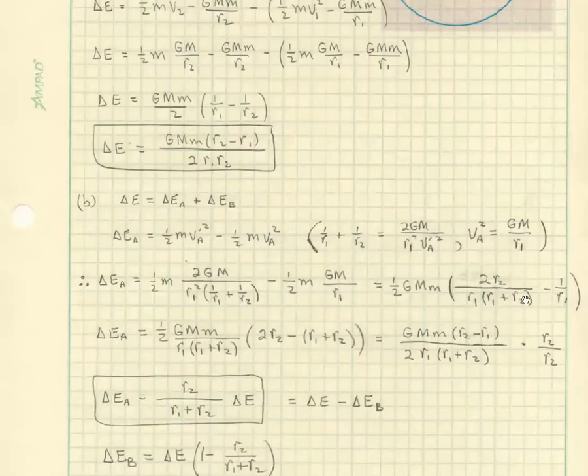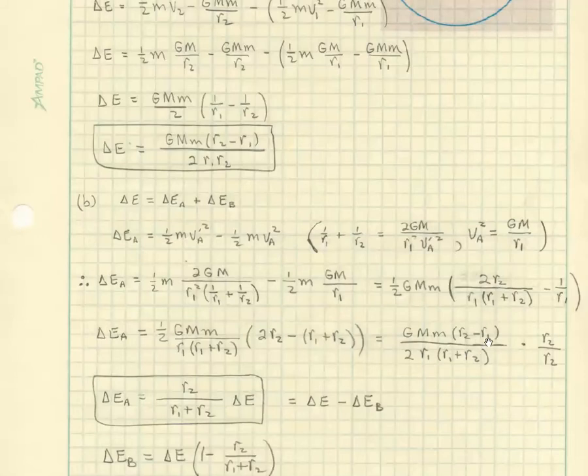So there's the r1, and the r1 r2 in the denominator goes up here into the numerator, and then one of them will cancel out with the r1 there. So I'll be left with 2r2 over r1 times parentheses r1 plus r2. And then I've got a minus 1 over r1 from this term right here. And so when you simplify this, factor out the 2 and simplify it down, you'll end up with an expression that looks like this.